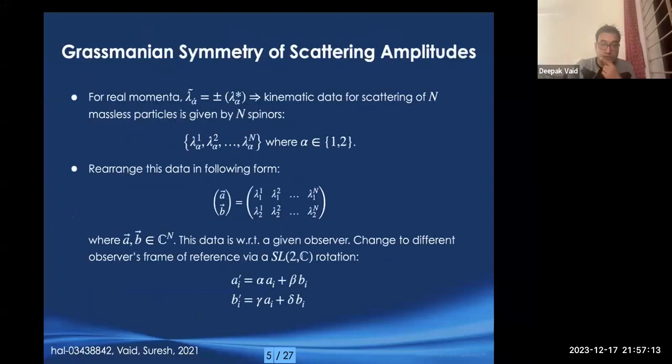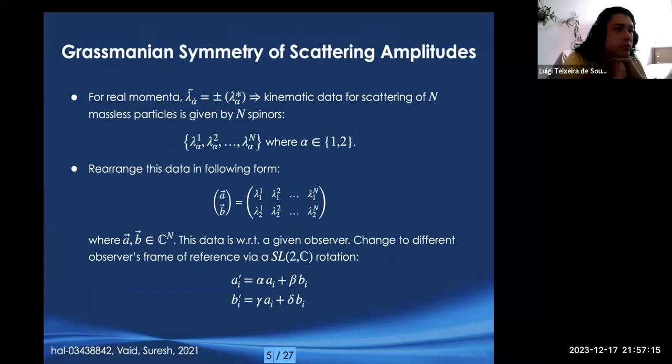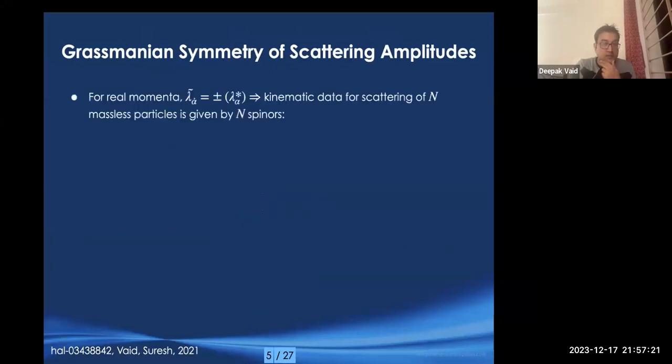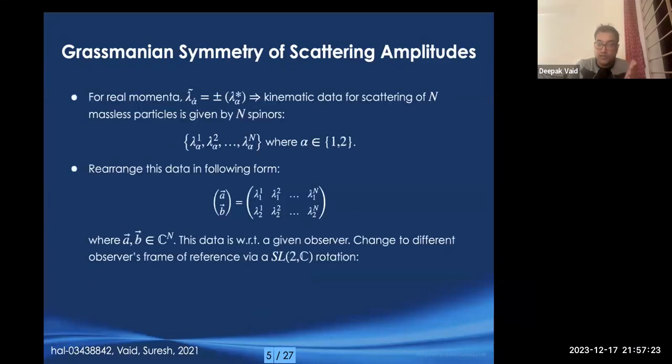We have these two complex n vectors. If we perform a change of coordinates to a different set of coordinates, each one of these spinors will transform.